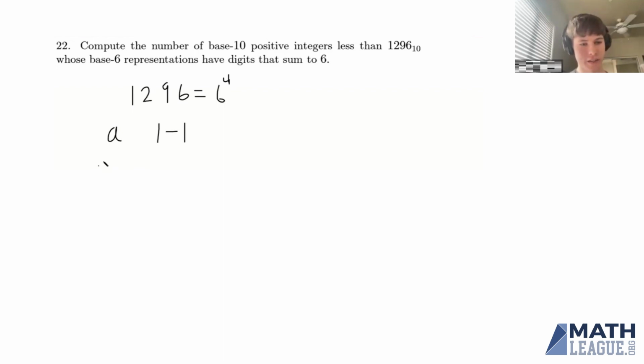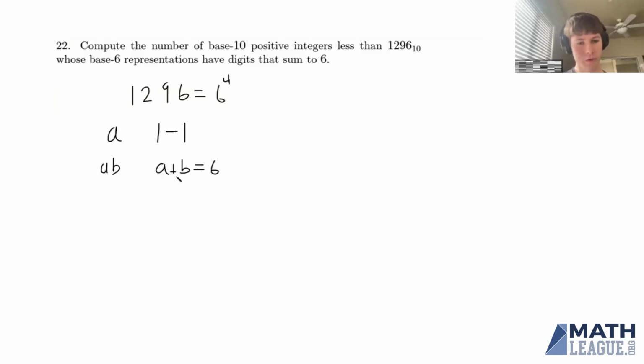So for the next case, we would have 2 digits, so I'll write them as AB. And we would want the sum of A and B to be 6. There's one caveat, which is that because this number has 2 digits, the first digit can't be 0, it has to be 1 through 5.